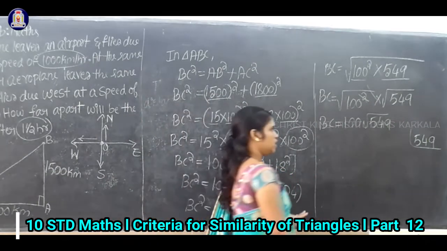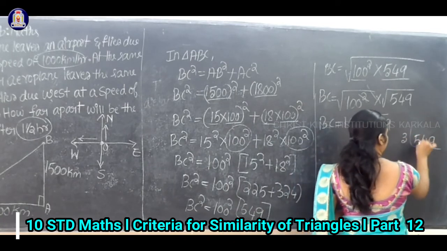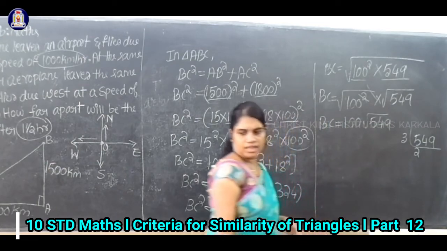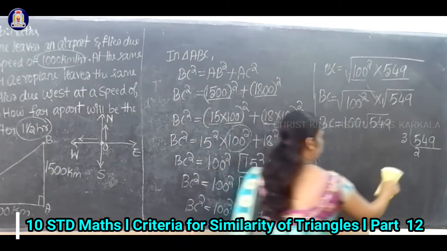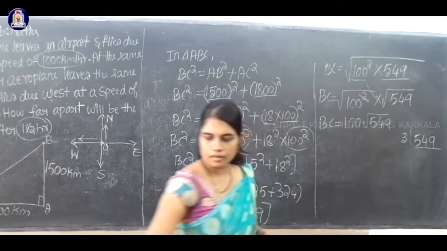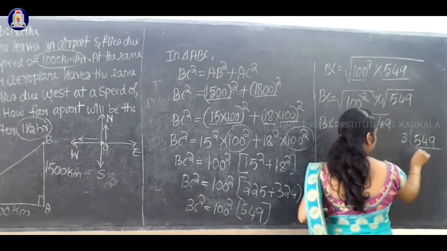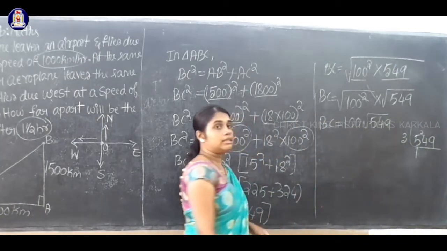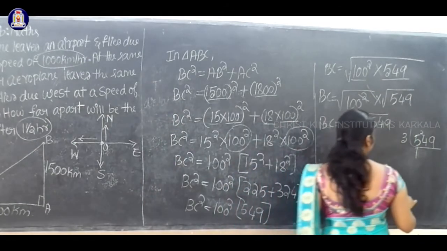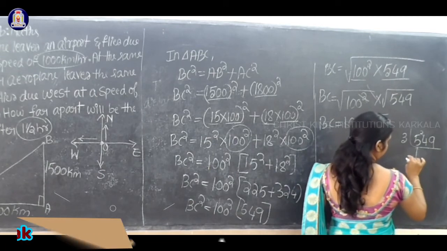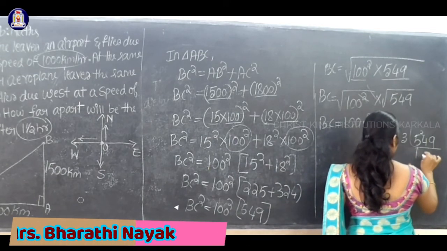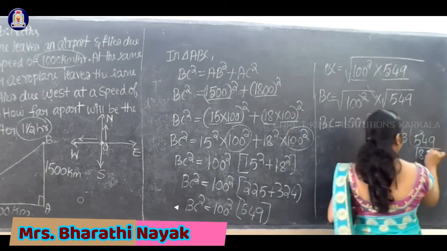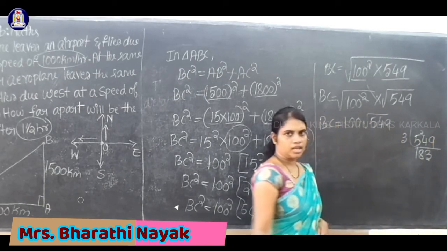So 3 how much are 549? 3 1s are 3. How much carry? 2 carry. 3 8s are 24. 3 3s are 9, isn't it?